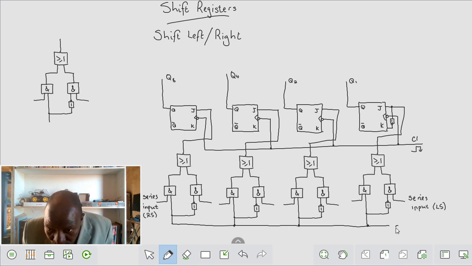When you say 0, 0 blocks the input to the right. It blocks the ones that are going to the right side, so it allows the left shift. So this is how we shift left, by putting a 0. But when you have a 1, it opens the right shift and it blocks the left shift. So the 1 is the right shift.